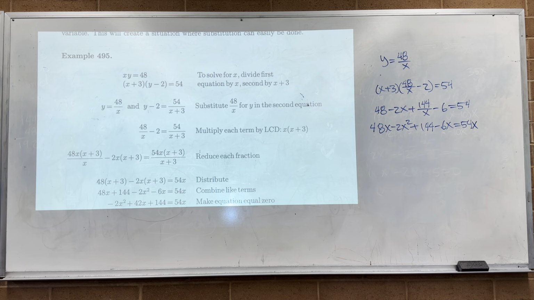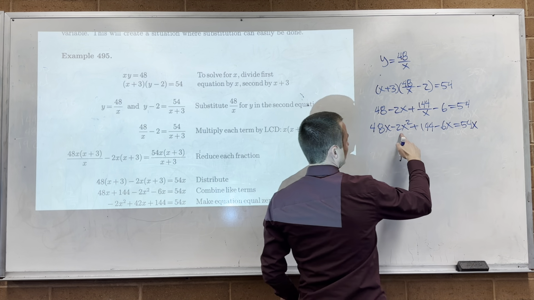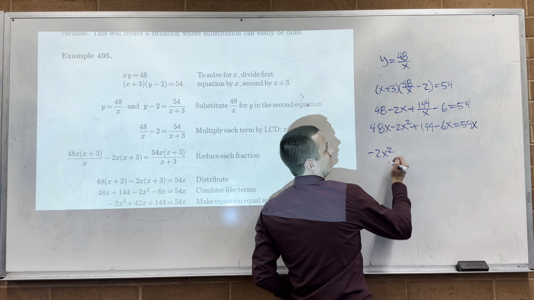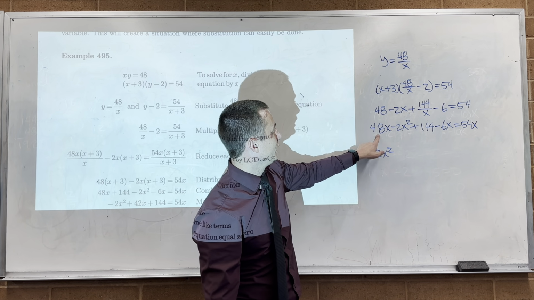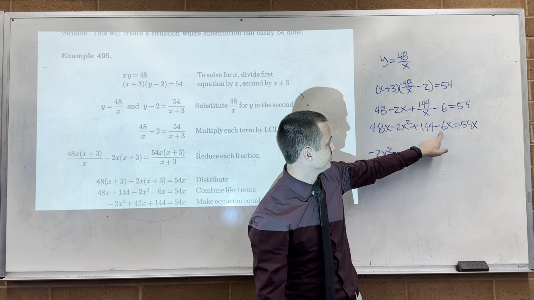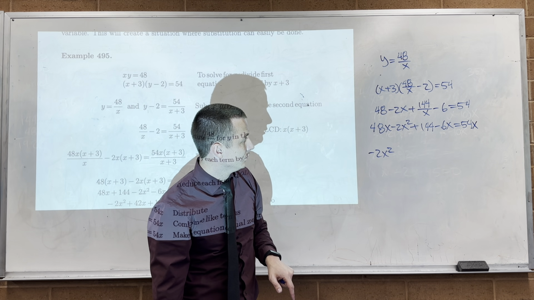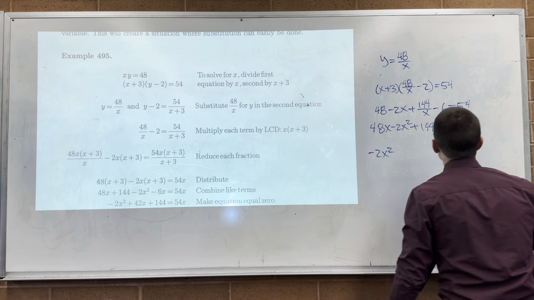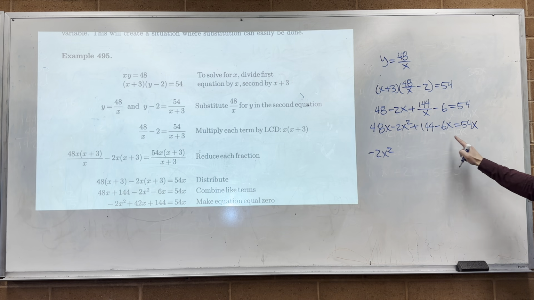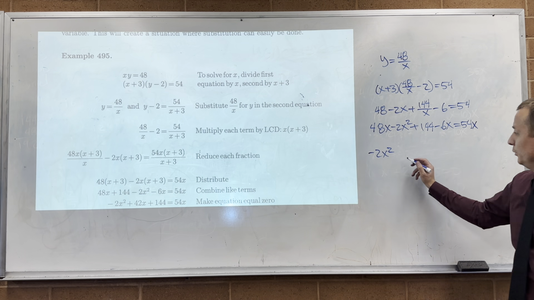Okay, let's try that again. This time we'll keep everything on this side just so that we can make sure we get the same number. So negative 2x squared is still negative 2x squared. Let's look at our x's. Here we have 48x. Minus 6x is going to be 42, minus 54x. Maybe an easier way to think about that is these two together will be negative 60, plus 48 will be minus 12.